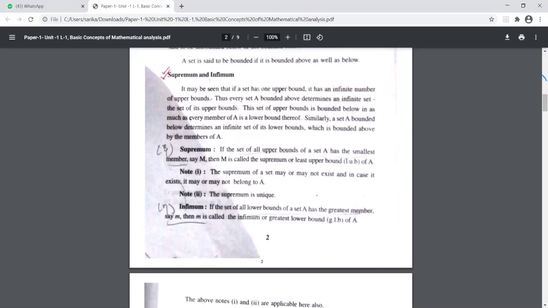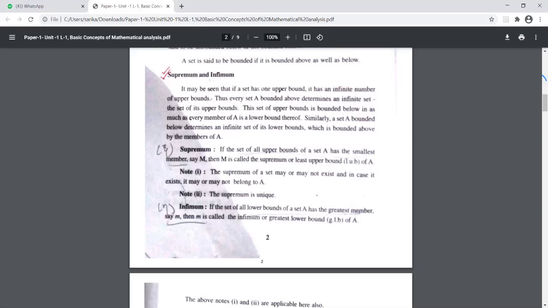It may be seen that if a set has one upper bound, it has an infinite number of upper bounds. Thus, every set A bounded above determines an infinite set, the set of its upper bounds.